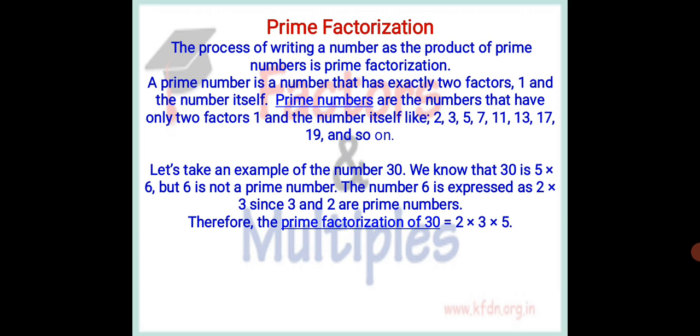Now, if we write 30 equal to 2 into 3 into 5, yes, children, 2, 3 and 5 are all prime numbers. And if we multiply 2 into 3 into 5, we get the result 30.